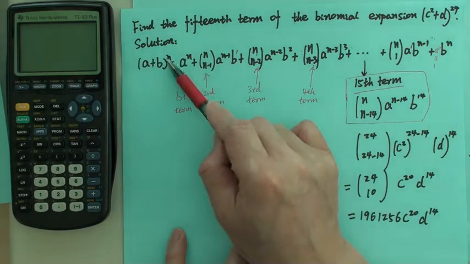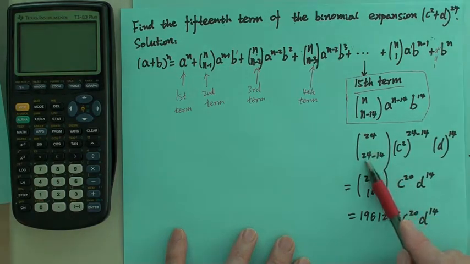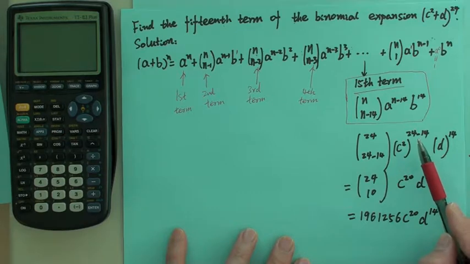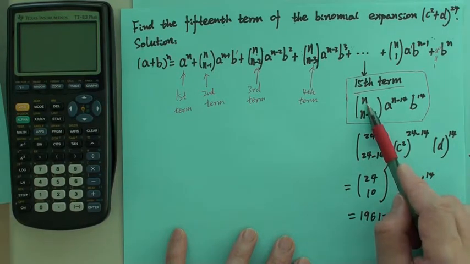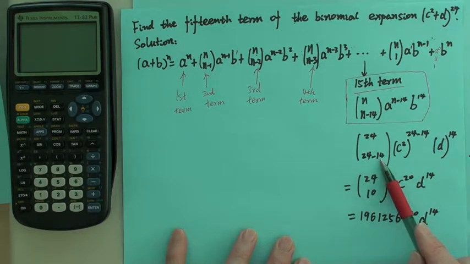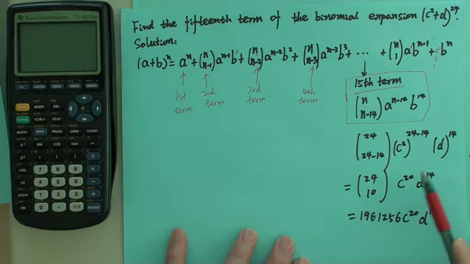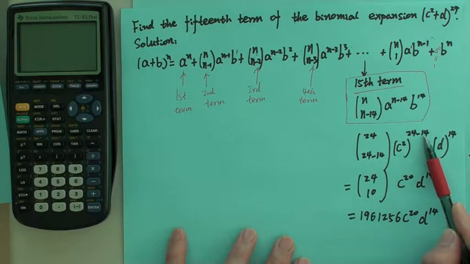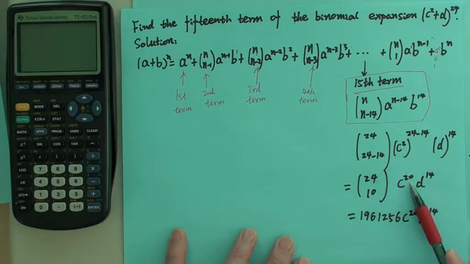N in this case is 24, so you put 24 everywhere. Replace n with 24. Now, 24 minus 14 is 10, but times 2 is 20. D to the 14th, you may write either this way or this way.